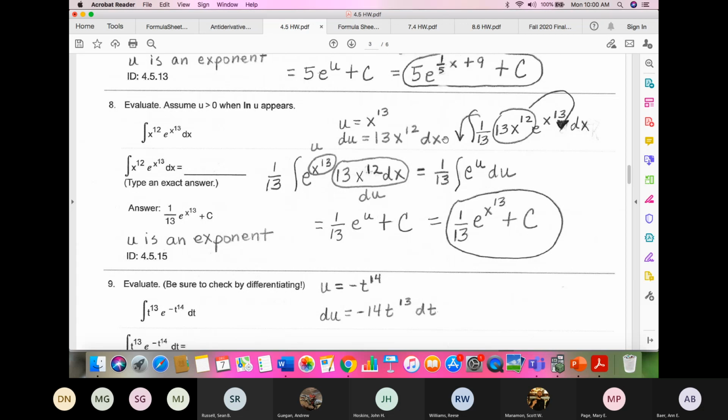What I realized is that we needed a 13, so I just put it inside the integral here. But we can't just put 13 there. We have to have 1 over 13 because we want to multiply by 1, so we're not changing anything.